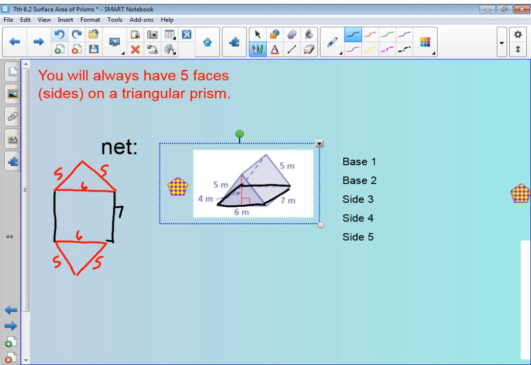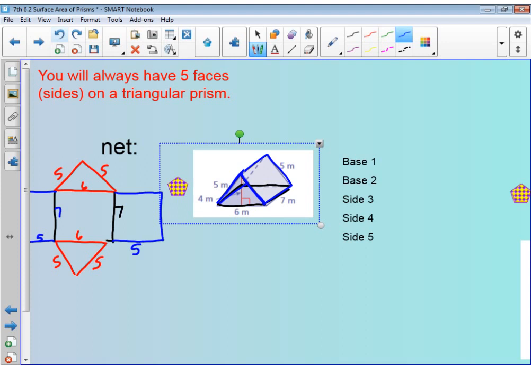Then I've got this piece here that is 5 by 7. And then I've got the same size over here that is 5 by 7 across the back there. Kind of going off of my screen. Okay, so it looks something like that.